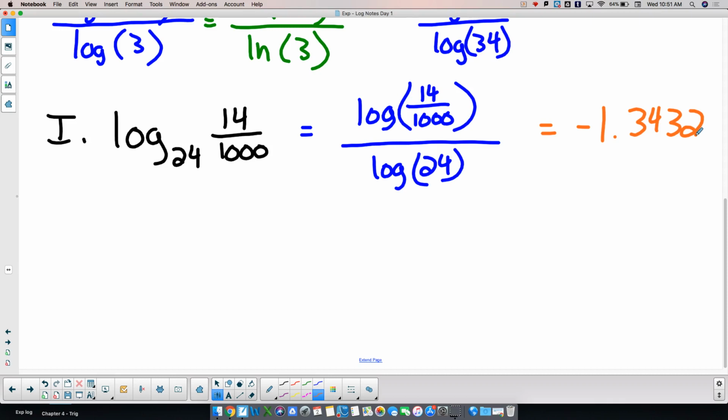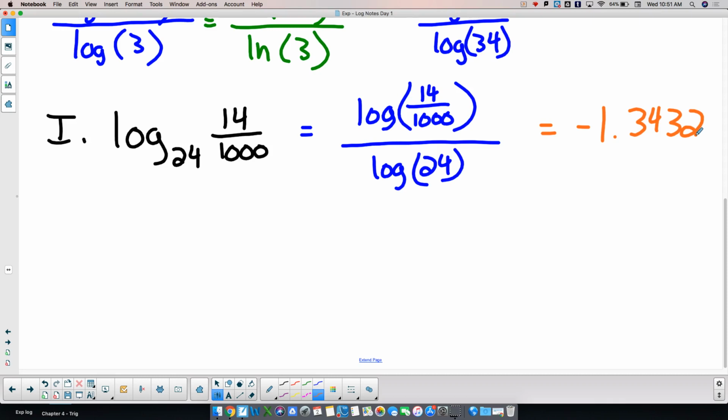So my question to you is, logarithmic functions find what? Logs find what? Exponents, right? Can I have a negative exponent? Yeah, I can have a negative exponent.